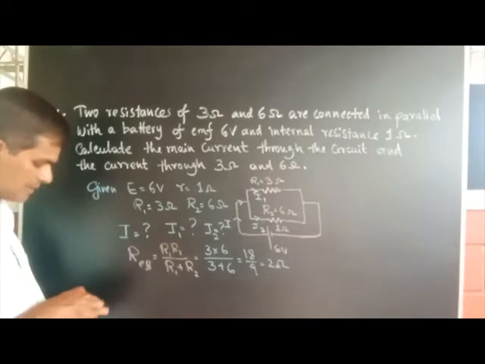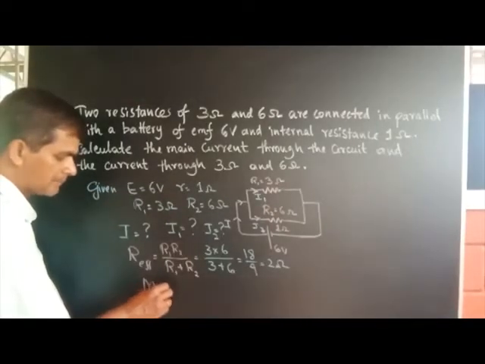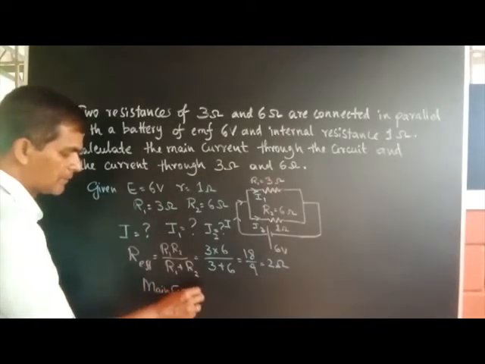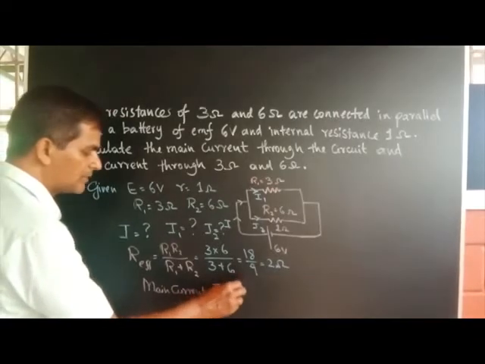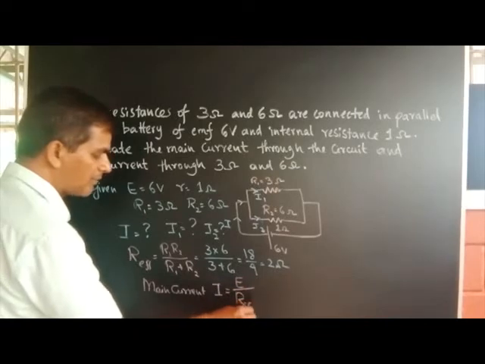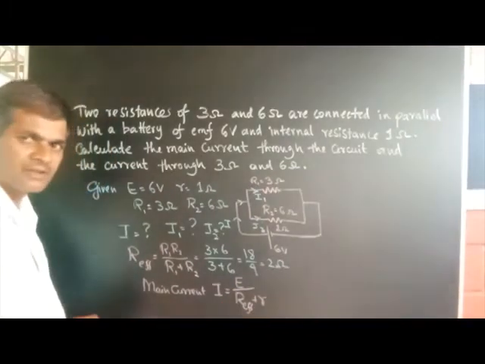Then we have to find out what is the main current. The main current I, in a simple circuit we studied the expression for current. I is equal to E divided by effective resistance plus internal resistance of the cell, that is a small r.